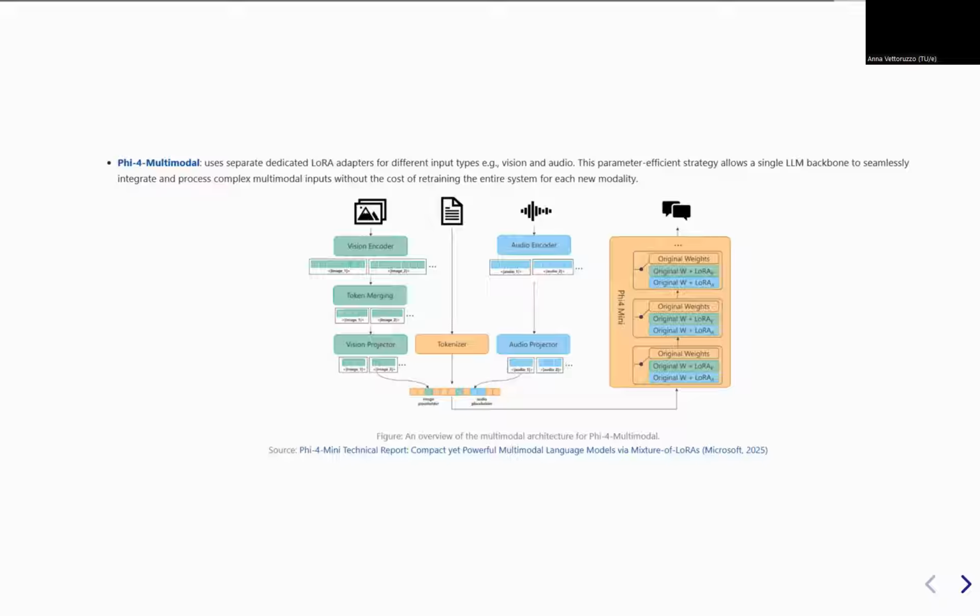The idea is that based on the input token, a specific LoRA is selected based on the input modalities as well, and that would help the output generation of the multimodal model.